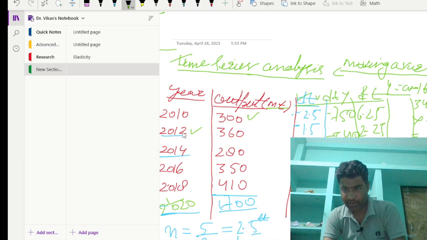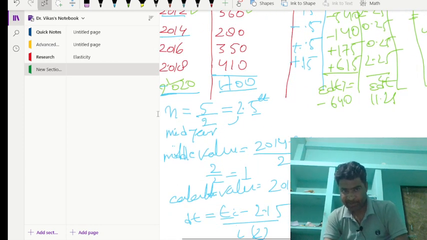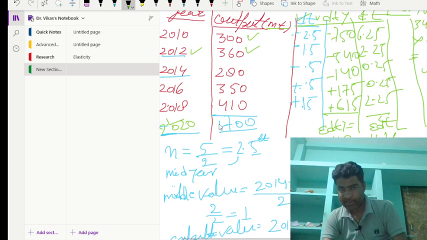For 2012 we will get the trend output 445.32 metric ton, in comparison to the actual output of 360. And further we will find the forecast of the output for the year 2020.